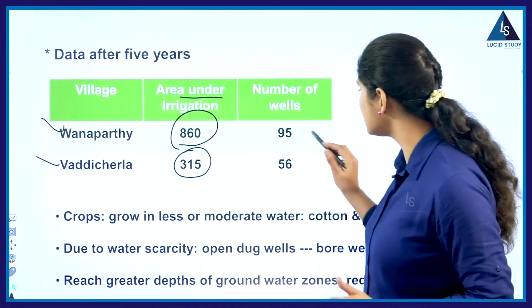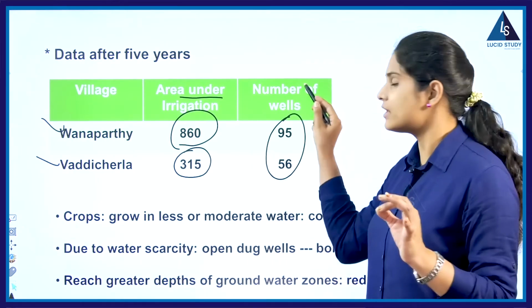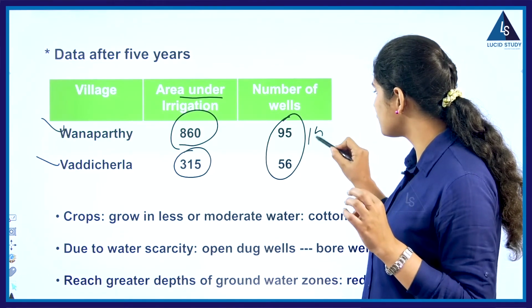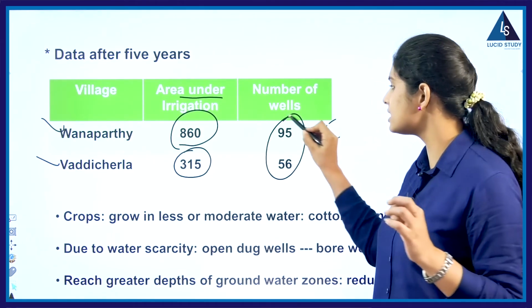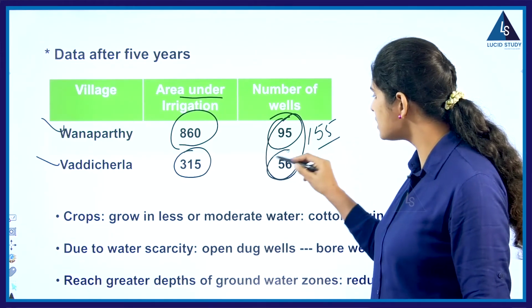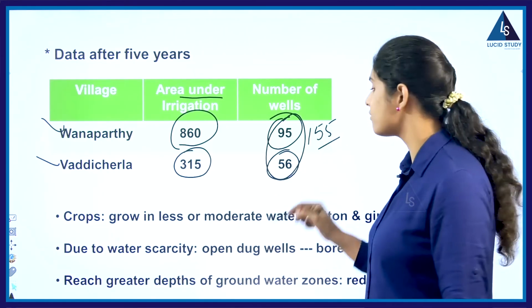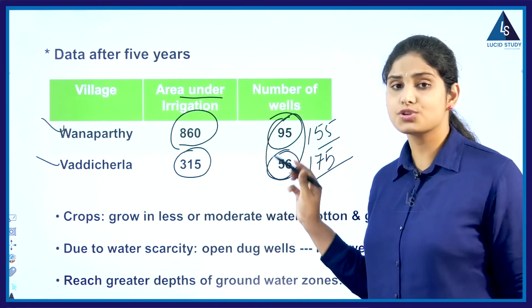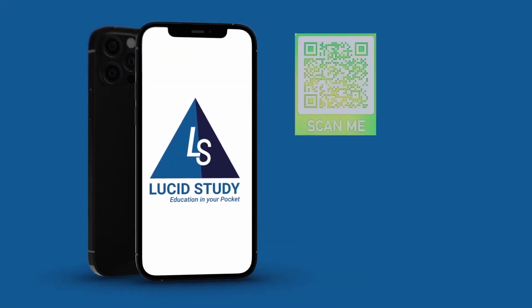Just see the major difference: the number of wells in Vanaparti was 155, and now it is only 95. The number of wells in Vadicherla, which was 175, has decreased to 56.